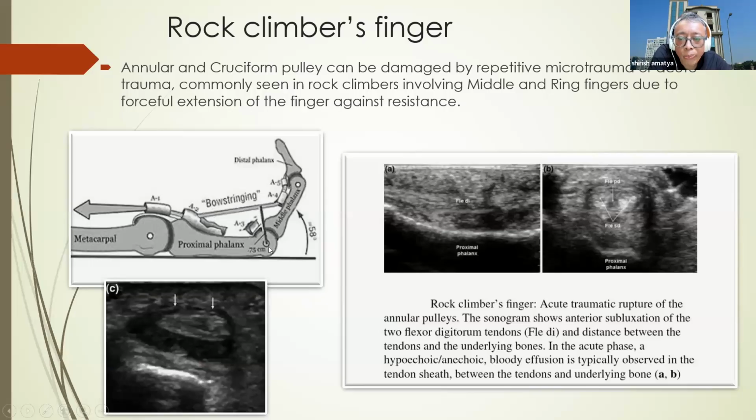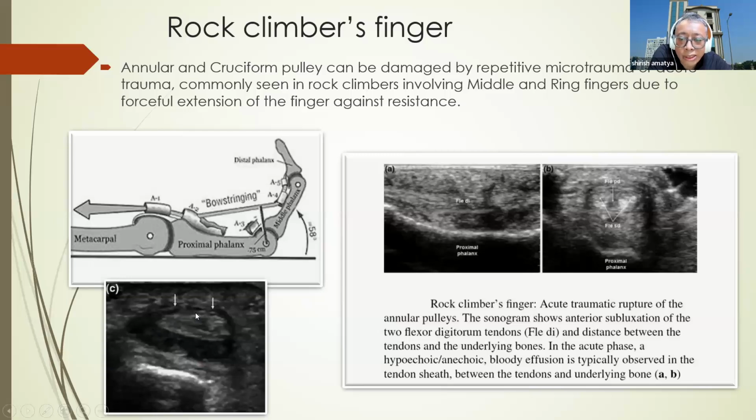In the ultrasound short axis view, in the lower side of the slide, you can see the distance between the bone, the phalanx or metacarpal, and the tendon increases. In between the tendon and the bone, there will be an anechoic shadow, which is basically a hematoma or effusion.